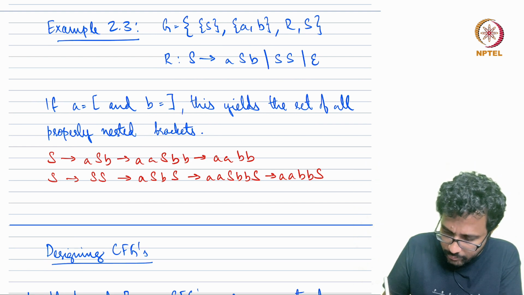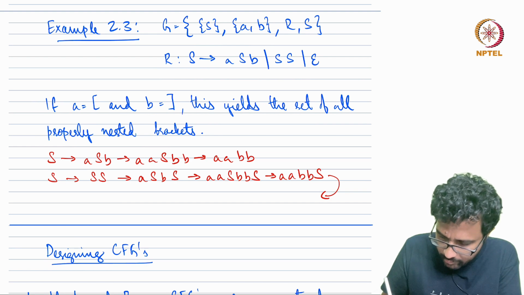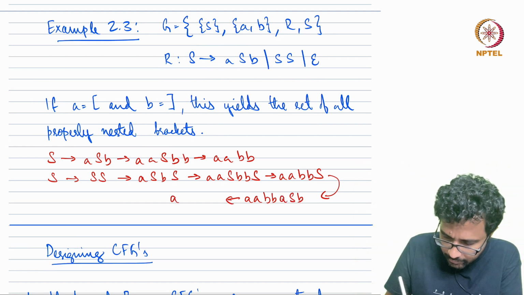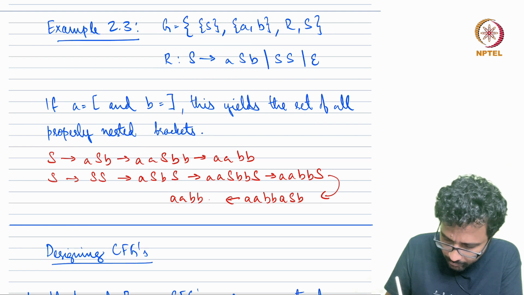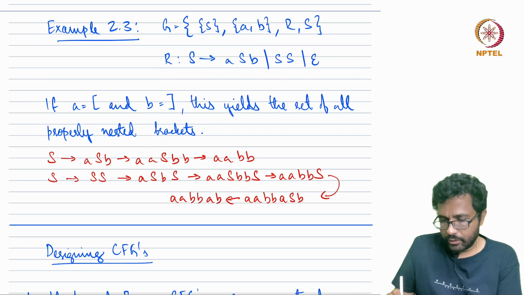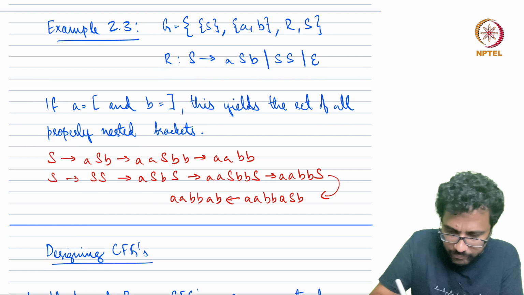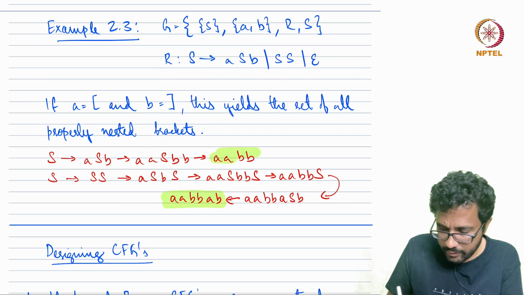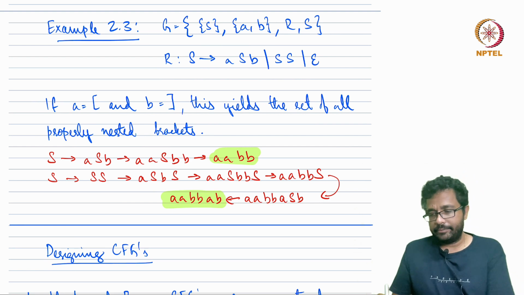Now the second S gives aSb, and then empty string, so we get aabbab. So here the resulting string is aabbab. The first time we got aabb.